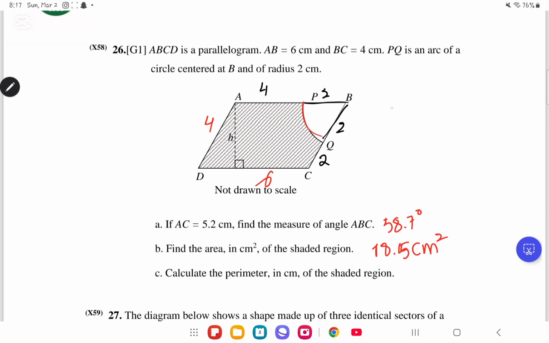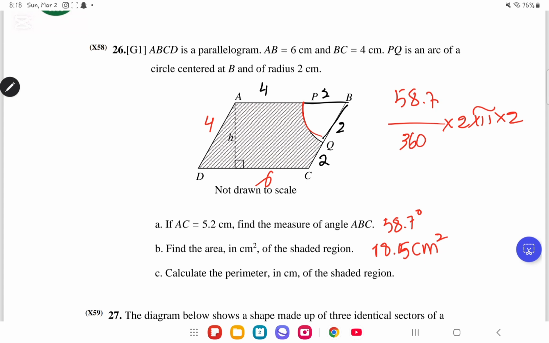To find the length, very simply, we're going to do angle over 360 times 2 times pi times the radius, which is 2. Okay, so 58.7 over 360 times 2 times pi times 2, you're gonna get it to be approximately 587 over 900 pi.